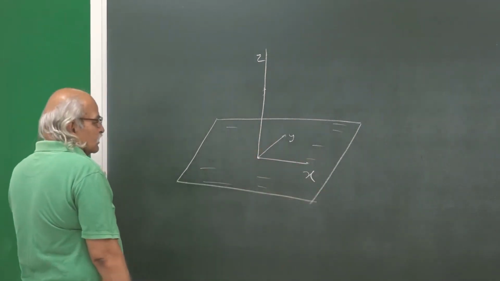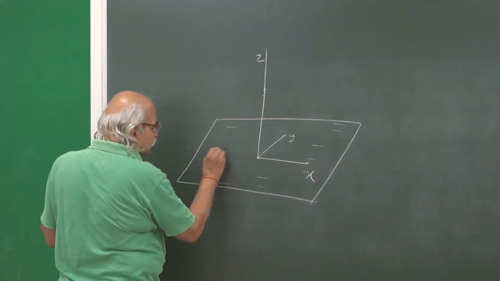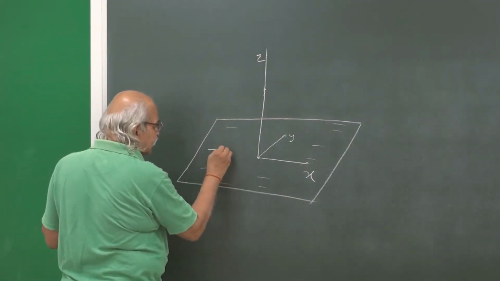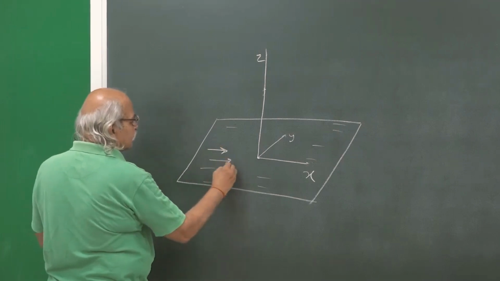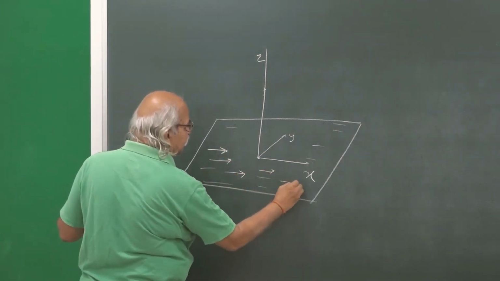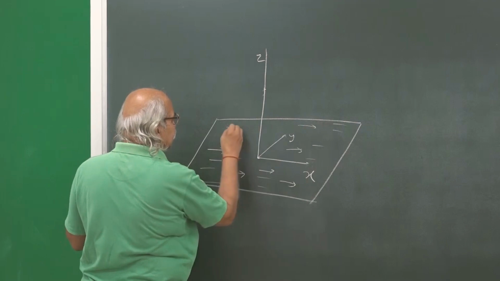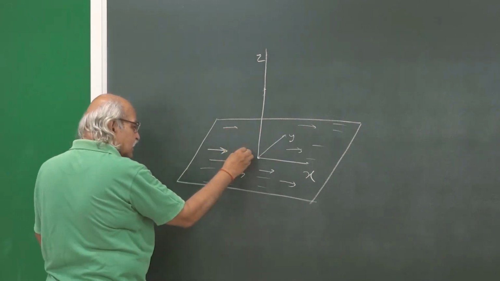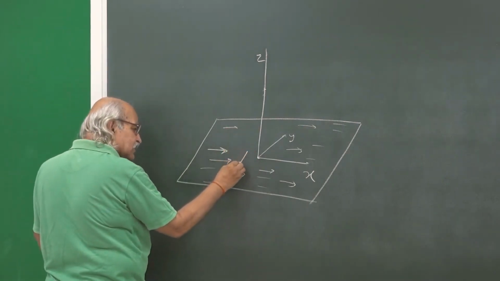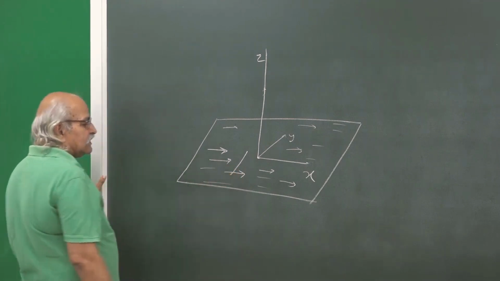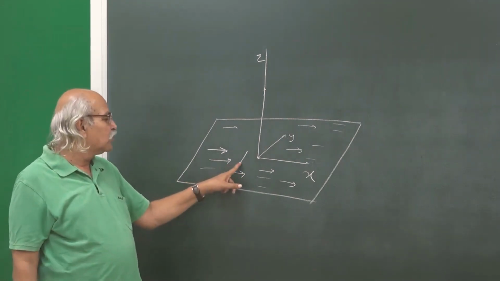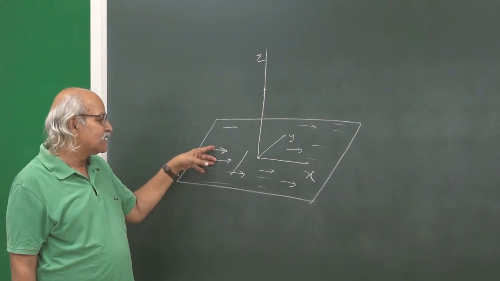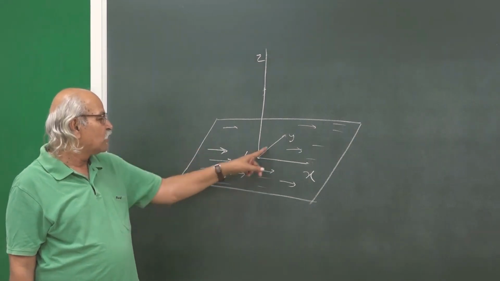The current which is flowing is in the x direction, and everywhere in this plane you have current, and it is such that if you draw a line in the plane, I am drawing the line also inclined, this line is supposed to be perpendicular to the current direction, parallel to the y direction.